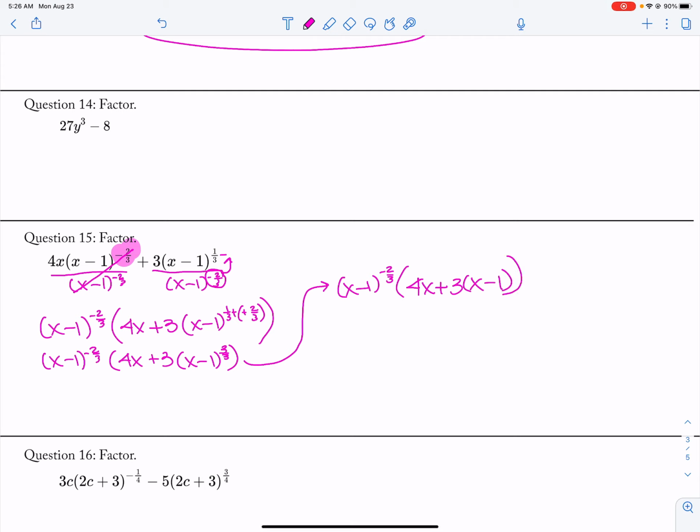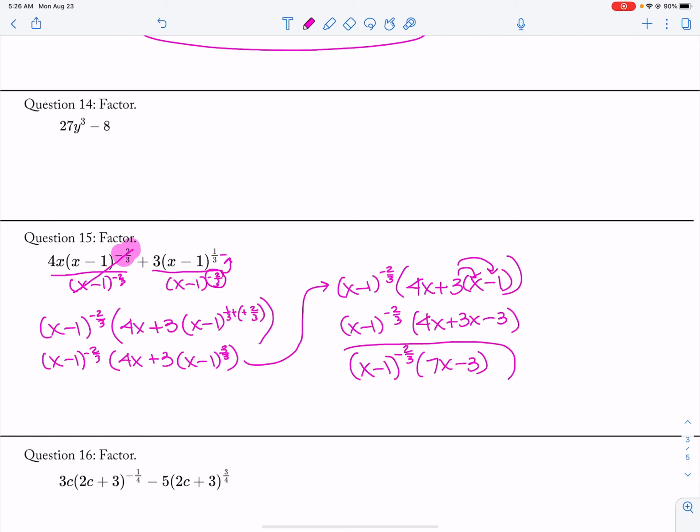Now I can simplify by distributing my 3. So I have x minus 1 to the -2/3, 4x plus 3x minus 3. So I have x minus 1 to the -2/3 power, and I have 7x minus 3. And that's how I factor these weird fractional exponent ones.